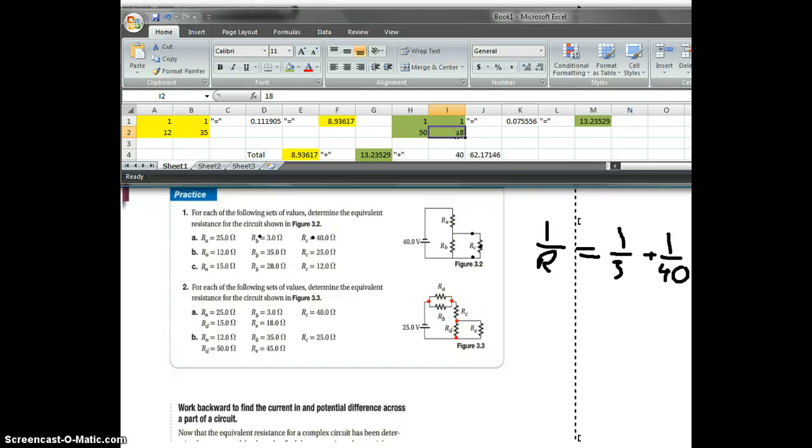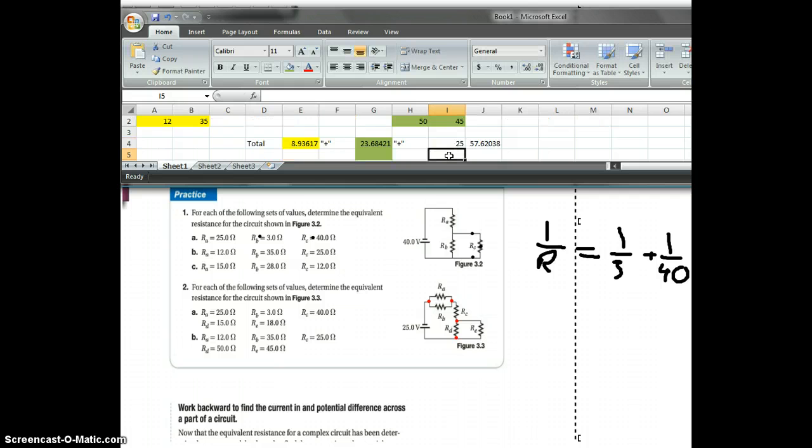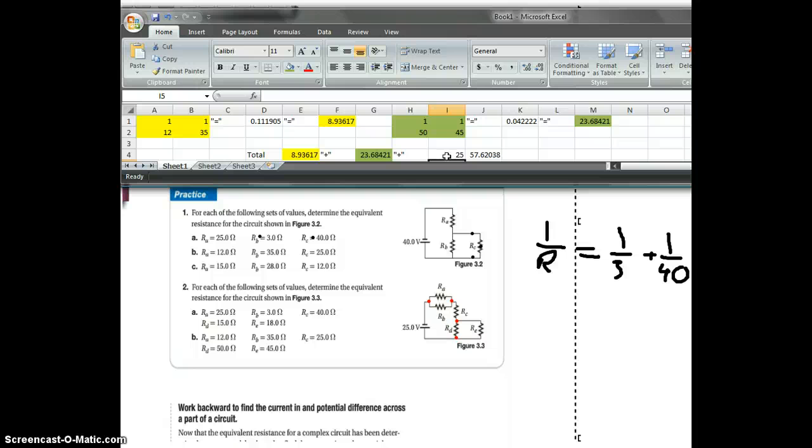Resistor E is 45. Enter. So a 50th and a 45th is 0.04, an equivalent resistance of 23.68. So we have our 8.99, our 23.68, and we add in resistor C, which is 25. Enter. We should have an answer of 57.6.